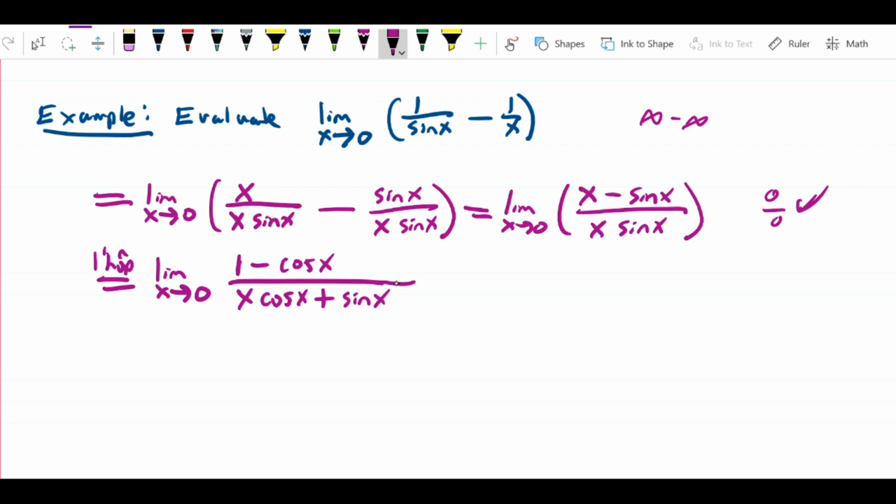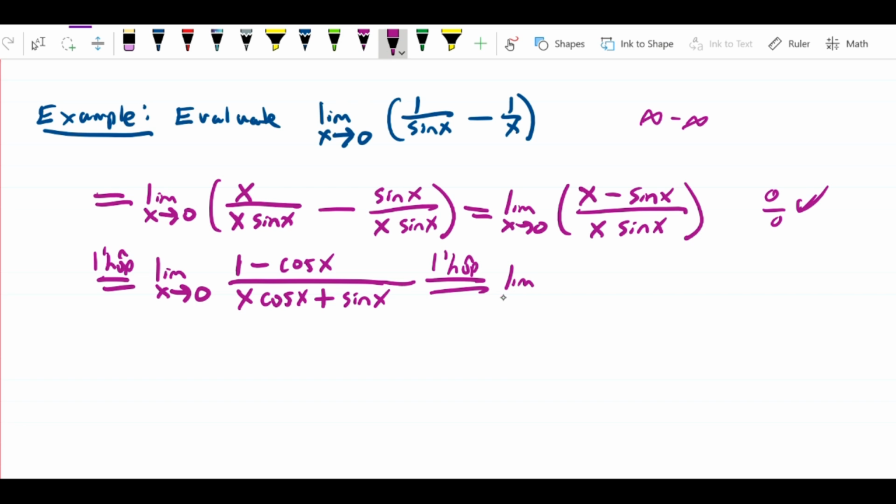So it's equal to this limit. Now let's try substitution again. Cosine of 0 is 1, so in the top we have 1 minus 1, and on the bottom we have 0 times 1, which is 0, plus the sine of 0, which is 0. So once again we have 0 over 0, and we can use L'Hopital's rule another time.